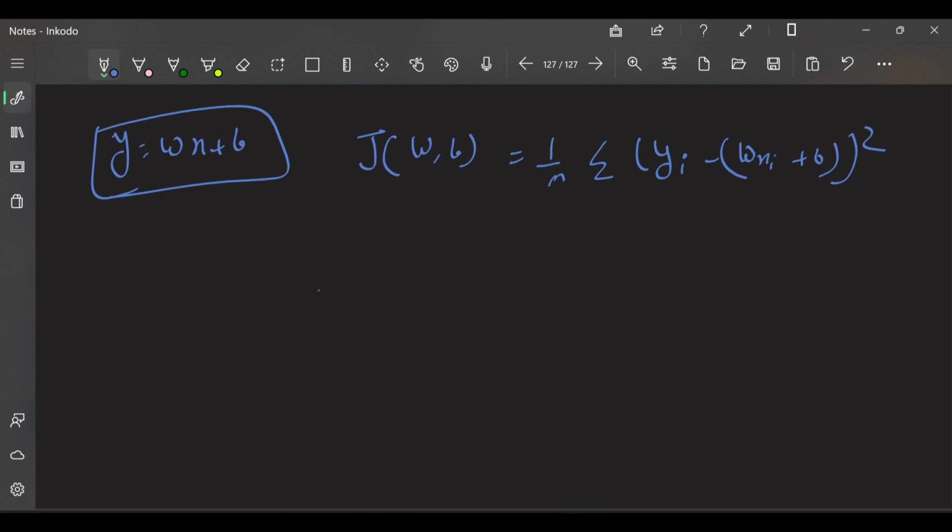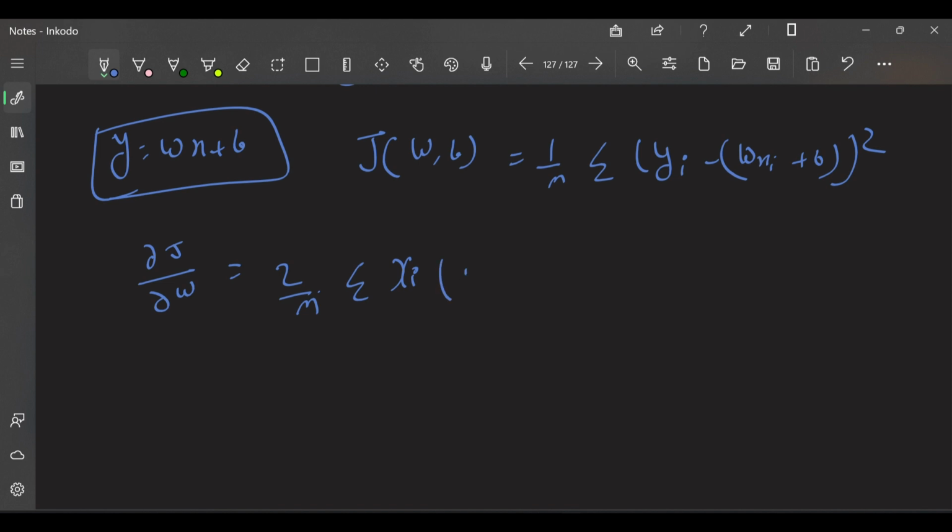When we take the derivative, dou J by dou w becomes 2 by n into summation of x_i into (y_i minus (w x_i plus b)).